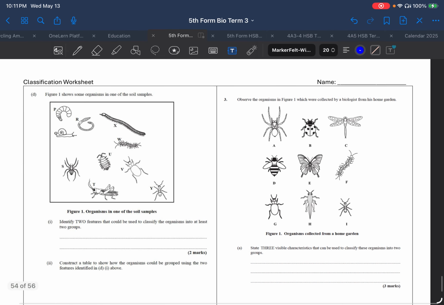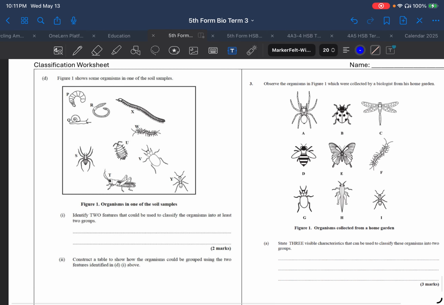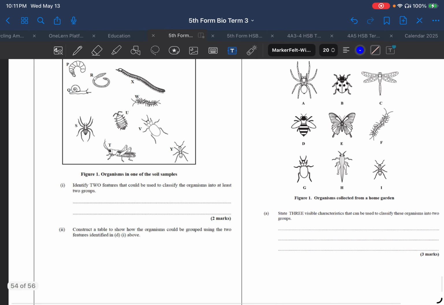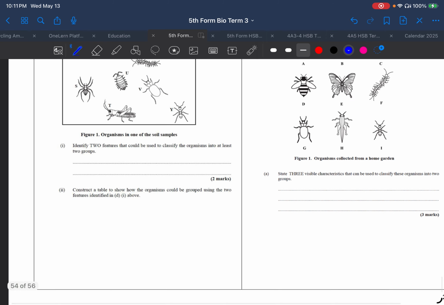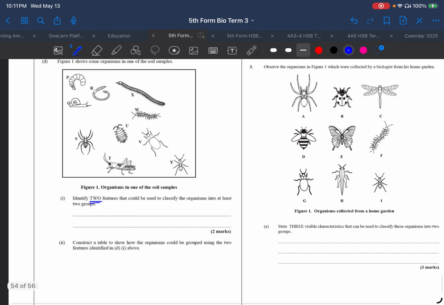Let's look at another one. So, figure 1 shows some organisms in one of the soil samples. Identify 2 features. Again, 2 features that can be used to classify these organisms. So again, you can use number of body segments, number of legs, and you just determine which characteristic you're going to use and then put them in groups based on that characteristic.